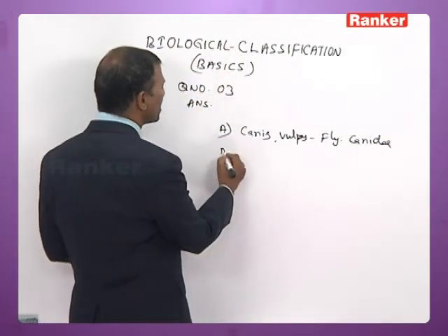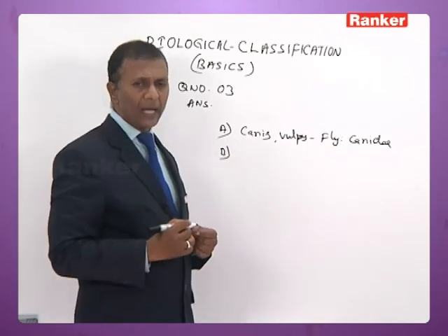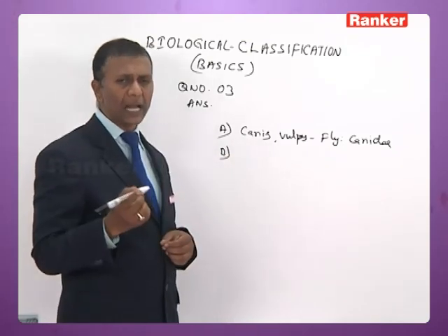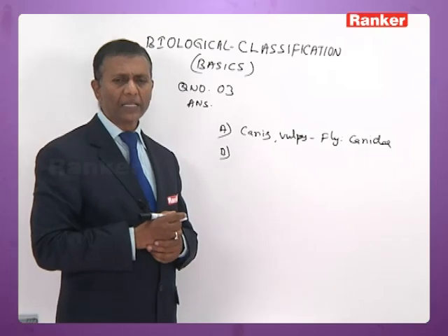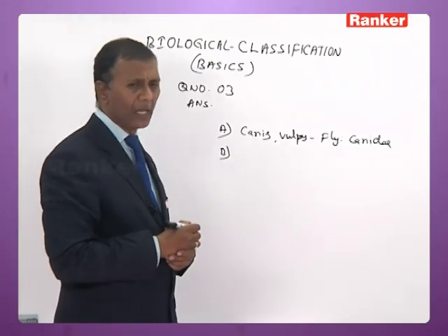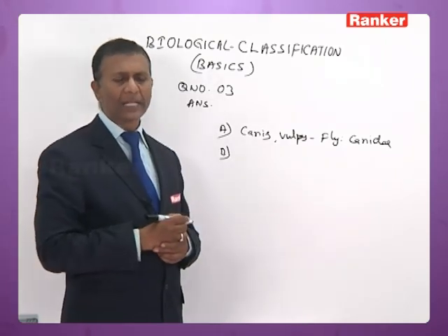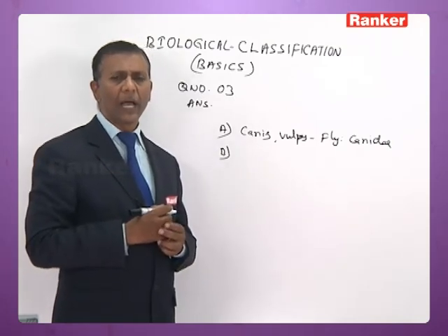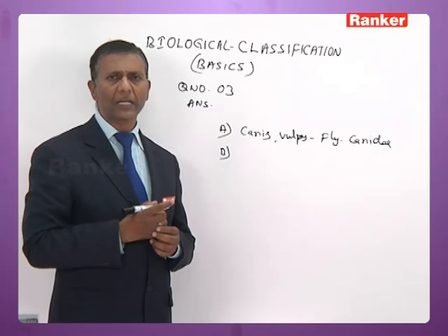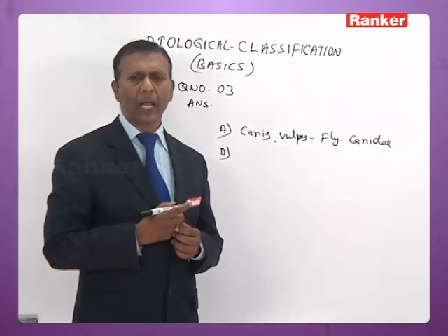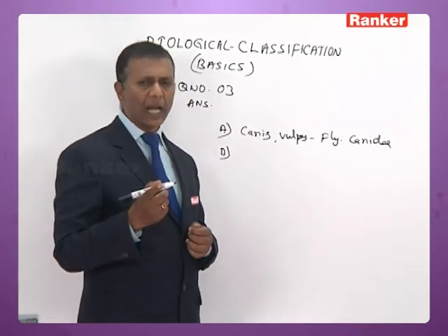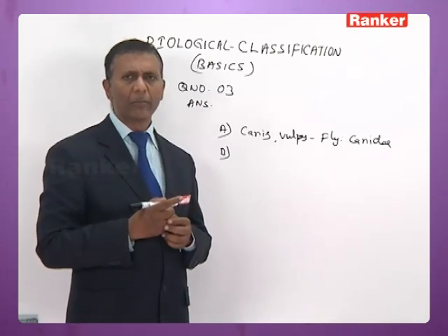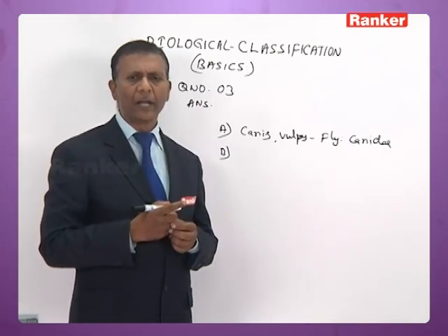The next option, B, is rat and bat. Rat is Rattus, the scientific name of rat, and bat belongs to the order Chiroptera. So, rat and bat belong to different orders.